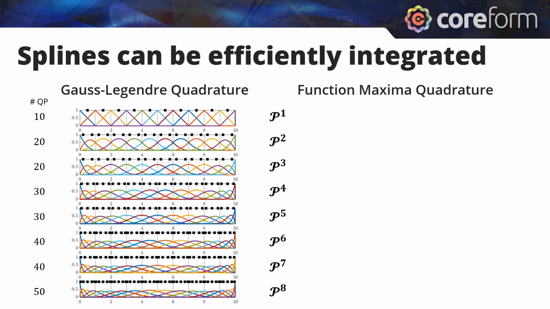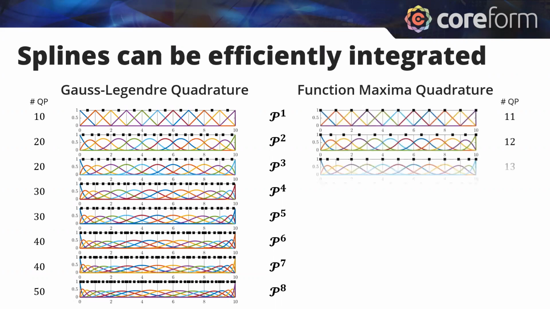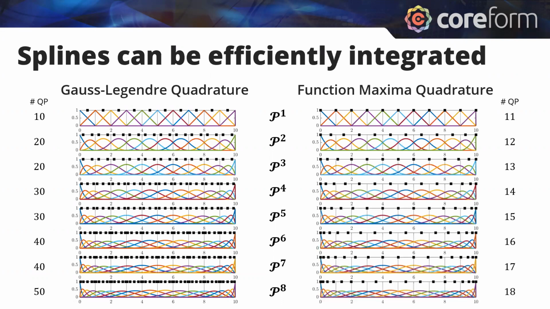But it's actually known that for smooth splines, the Gauss quadrature over-integrates. So instead, with function maxima quadrature, we simply place a quadrature point at each maxima of each basis function. Now with each increased degree, we're only adding a single new basis function, and so we only have to add a single new quadrature point.